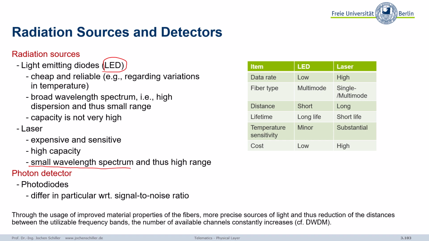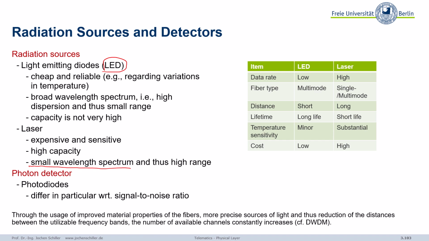And also photon detectors, there are many different technologies for how you can do this, and they all differ when it comes to the signal to noise ratio, because even if they do not receive any light, they might generate some current indicating there's something going on, and then when a single photon arrives, they should really produce the current indicating that this was a logical one.